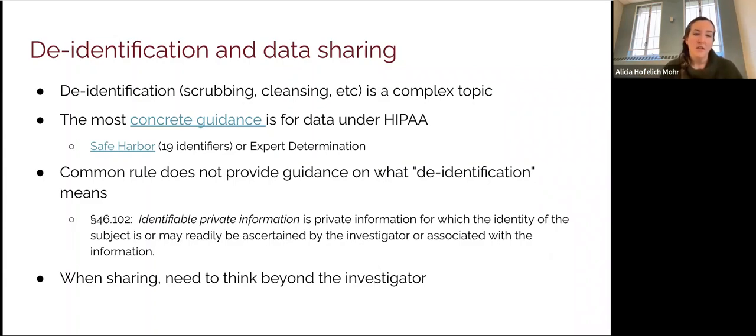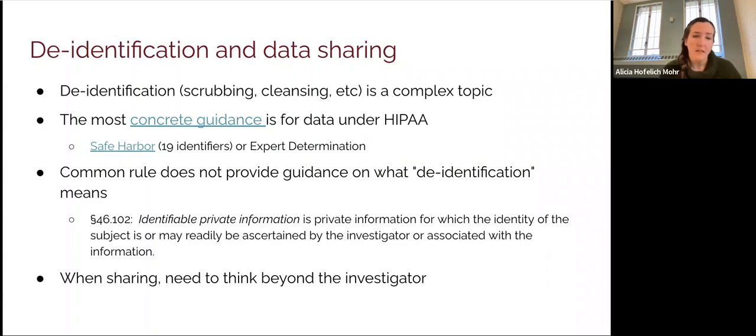The other challenge is that the Common Rule used by the IRB doesn't necessarily provide specific guidance on what it means to be de-identified. It does define identifiable private information, as that which could be readily ascertained by the investigator, so getting at these indirect identifiers, but there's no specific guidance there either.